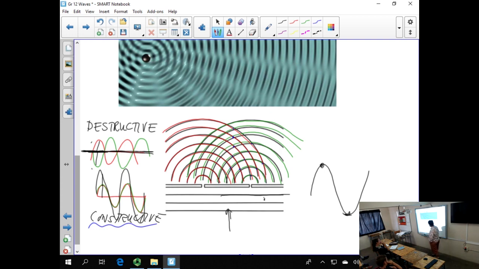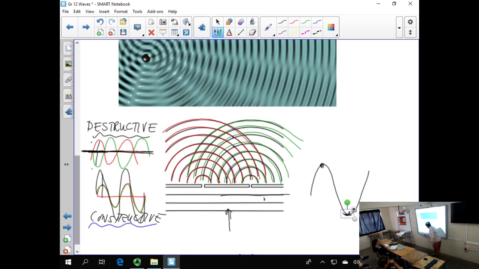Can you see over here? What do I have? The red part is the crest, and it's in a trough part. So where the crest and the trough land up together, we get destructive interference.